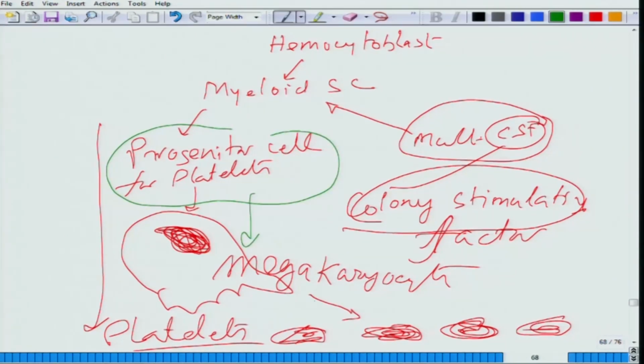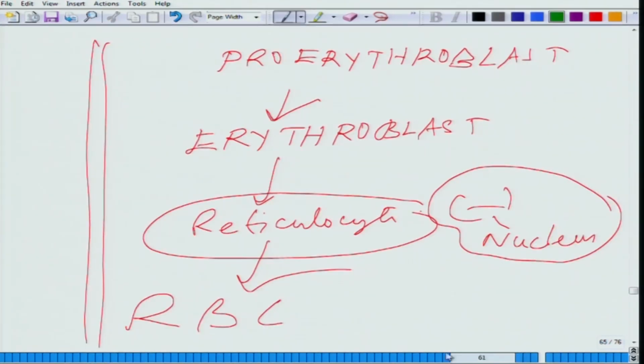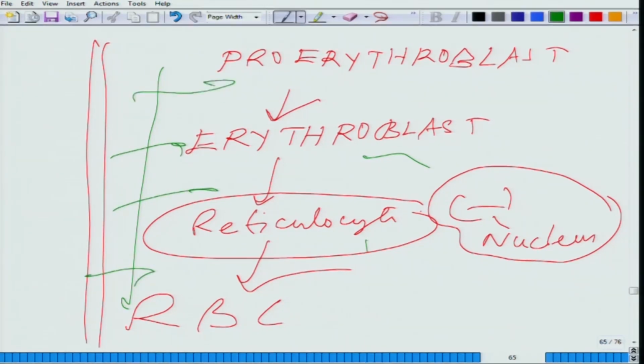What are the signals? That is where lie a lot of unanswered questions, for example, here proerythroblast, erythroblast, reticulocyte. There are so many factors. What are those factors? Those are very small molecules. They are expressed for a moment, and that is it. They move out. How can we control differentiation?